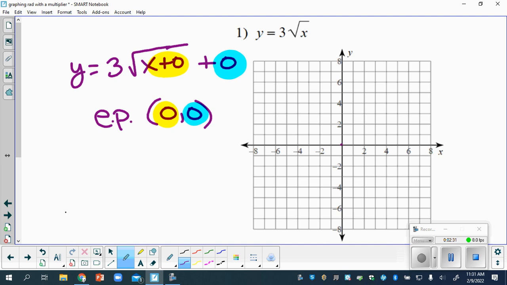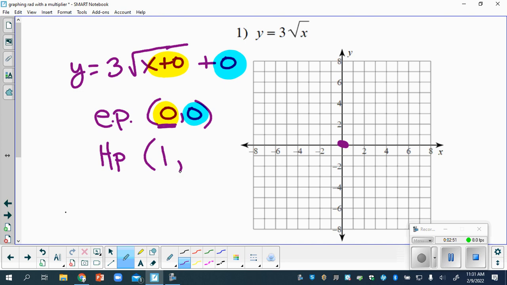So we're going to come over here and graph the 0, 0. But now watch what happens. Remember from last night, to do our helping point, what we do is we go up 1 from that point. So if it's 0, we're going to plug in the number 1 and we're going to see what happens.